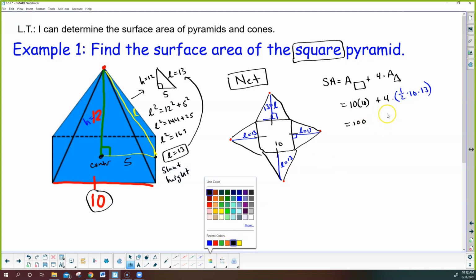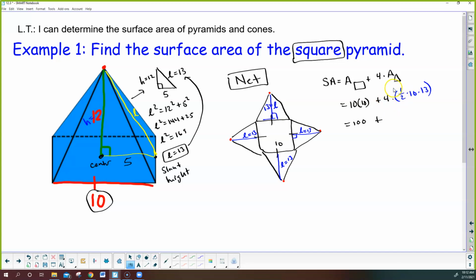Then I can just multiply those together. Here's the way I would do it. 4 times 1/2 is 2. And then I'm doubling 130, so I should get 260. My final answer is 360 units squared. So even though they didn't give us units, we can still put that on there.